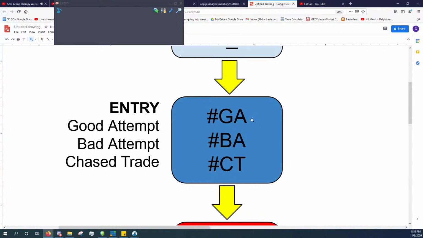So as you can see, these hashtags will allow me to further diagnose exactly what's working, what's going right, what I need to stop doing, and what I need to do more of, or what parameters I need to stay in when fighting for my playbook trades. So this hashtagging system allows me to further diagnose exactly what I need to tighten up on because I don't know.